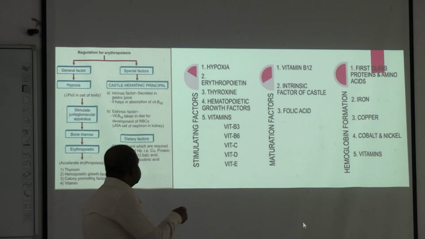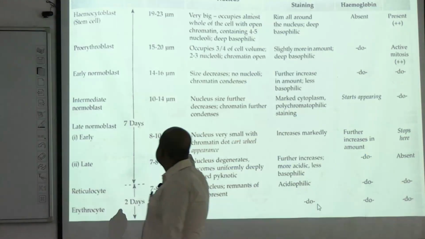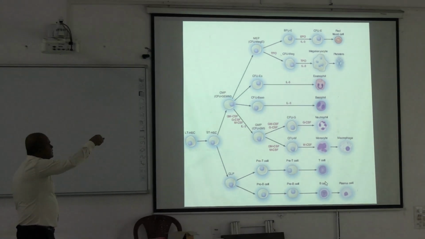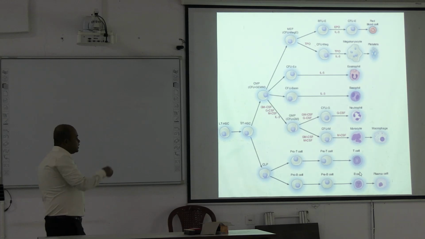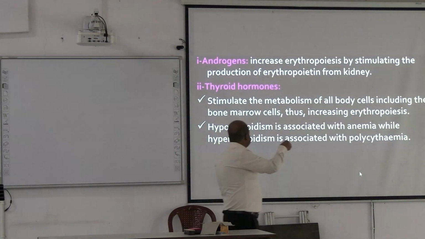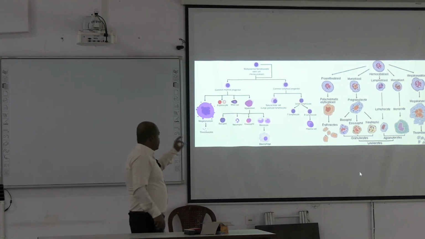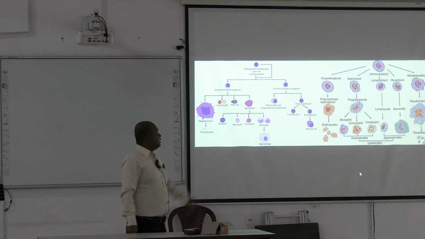So, about leukopoiesis. This is an extensive one. Long term and short term hematopoietic stem cells differentiate into different lineages: the megakaryocytes, the erythrocytes, the leukocytes, and from the common lymphoid progenitor only the lymphocytes.